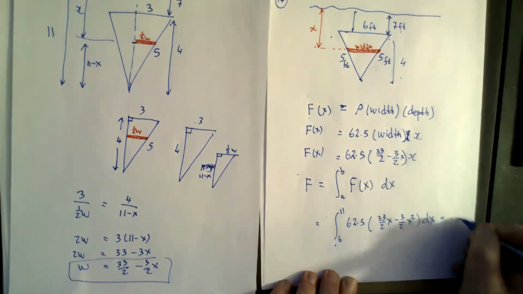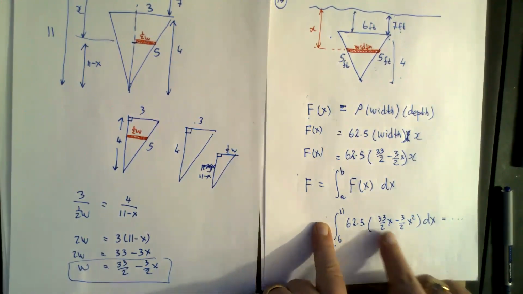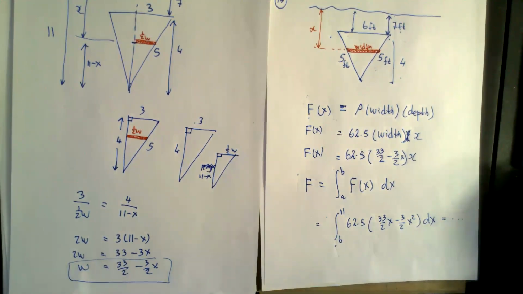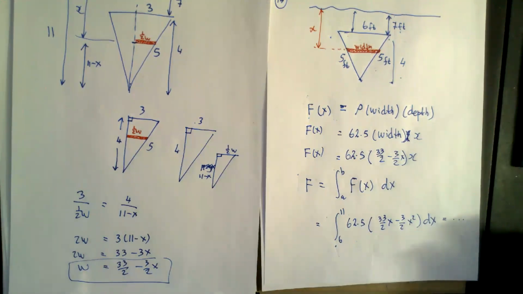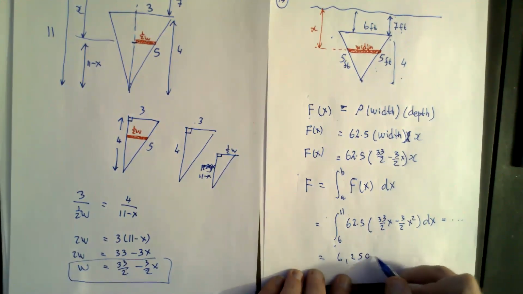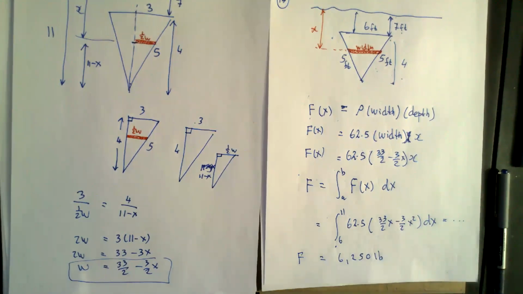And that's when I'm going to stop. I would pull out 62.5 and integrate that using the power rule, and then reconstitute the question after that by multiplying. And it looks like, according to what I have here, that the answer to the total force is about 6,250 pounds.